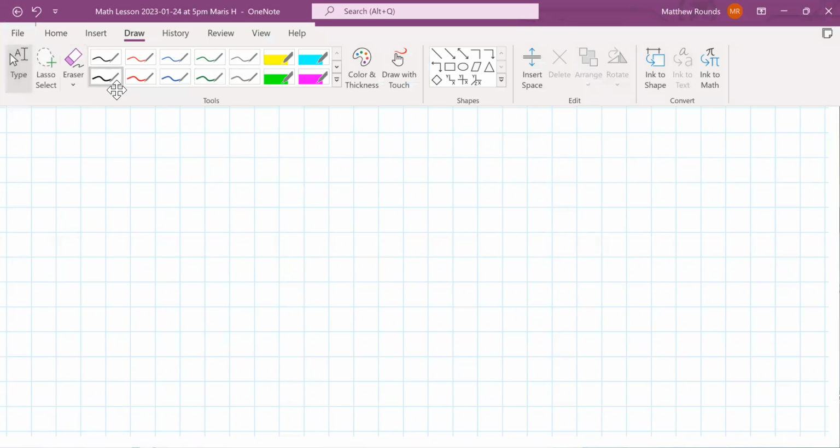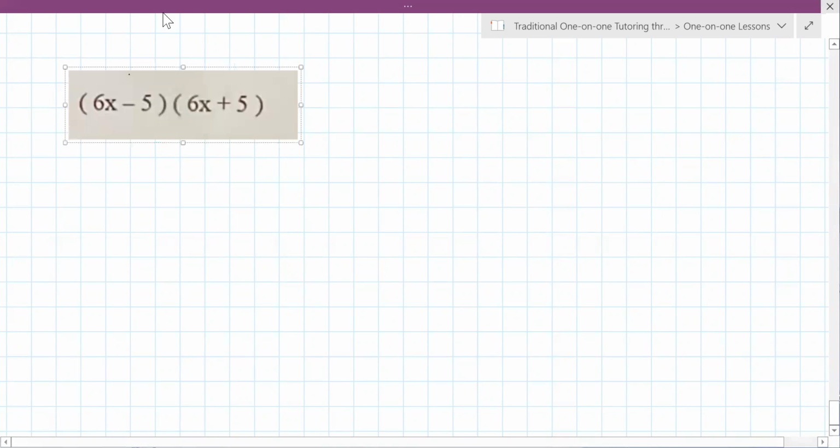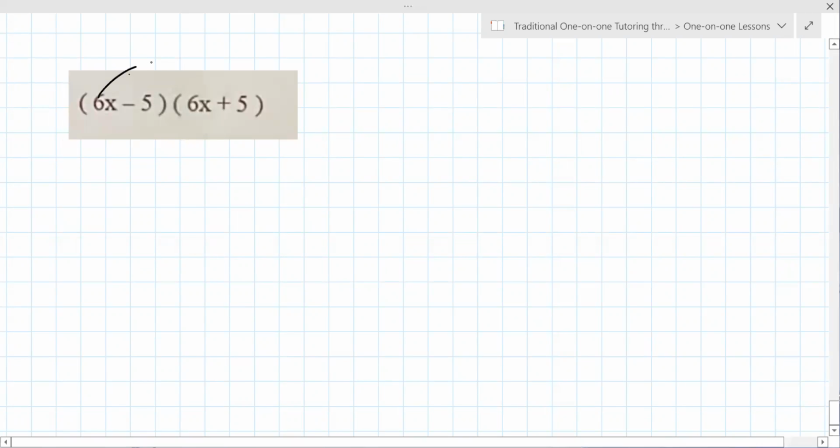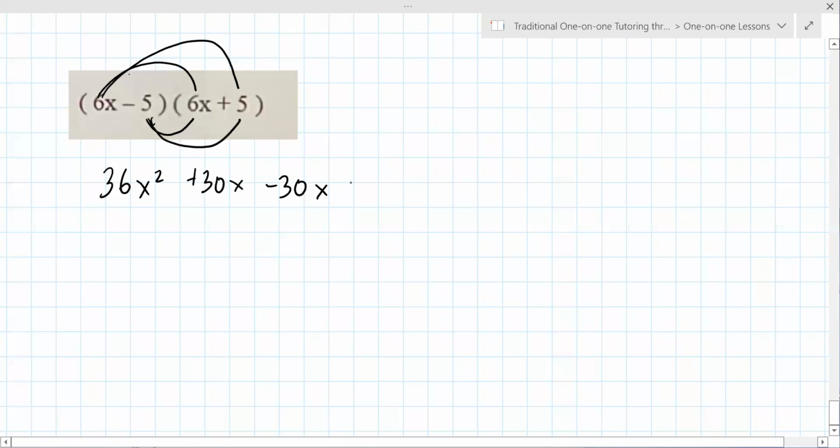You're going to FOIL first times the first, outer, inner, last. So 6x times 6x is 36x squared. 6x times 5 is 30x. Minus 5 times 6x is minus 30x. Minus 5 times 5 is minus 25. So that's 36x squared minus 25.